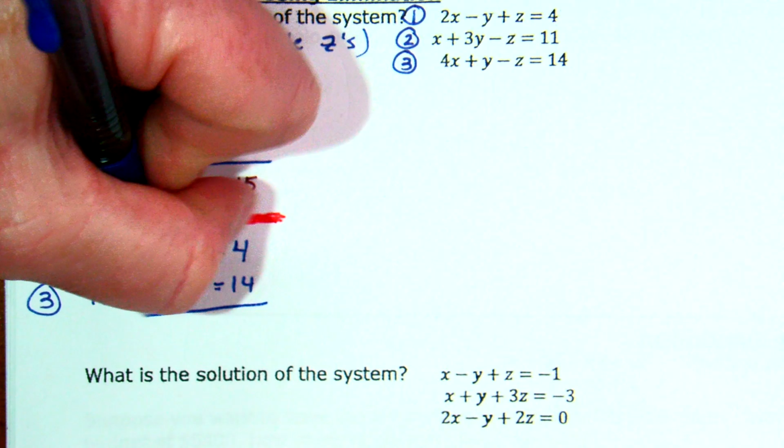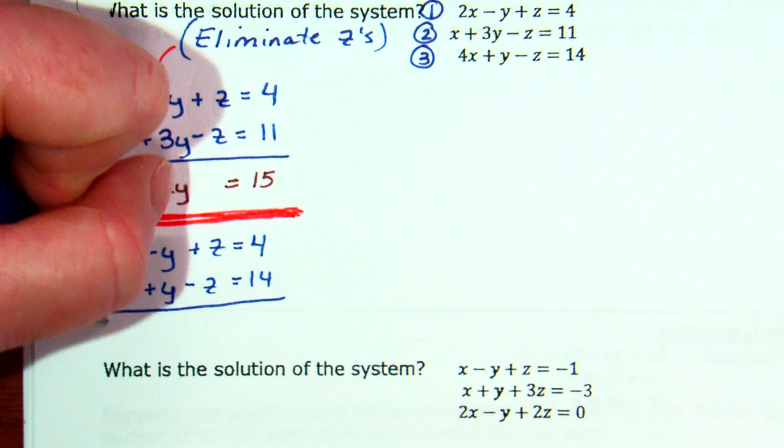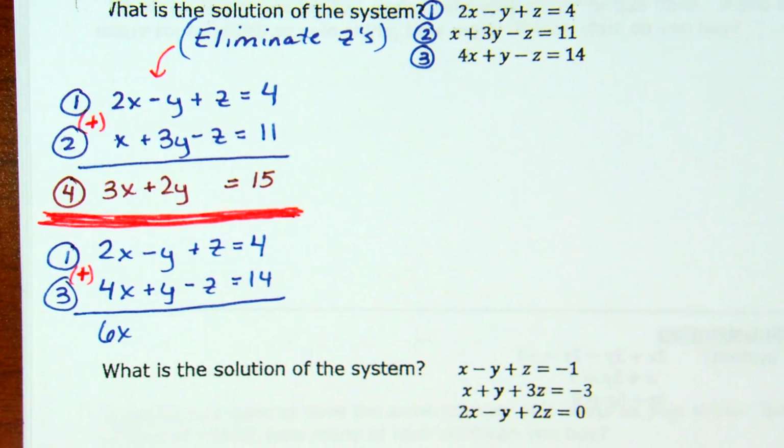Again, my z's are plus z, minus z, so opposite signs, and my equations are set up to add. 2x plus 4x, 6x. Negative y plus y, 0. That didn't have to happen, it just happened. It actually is going to make life nicer for us.